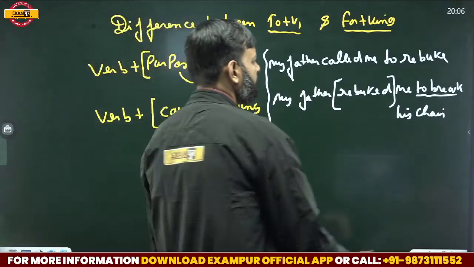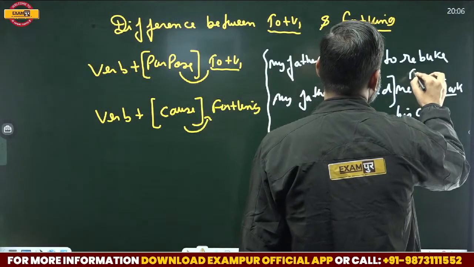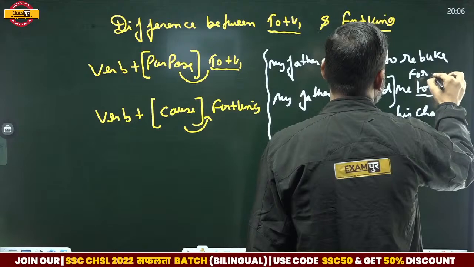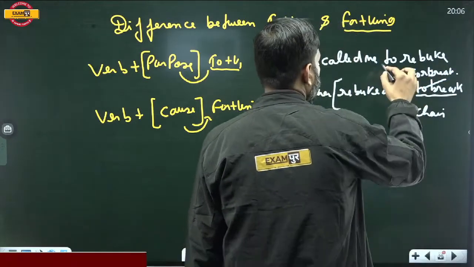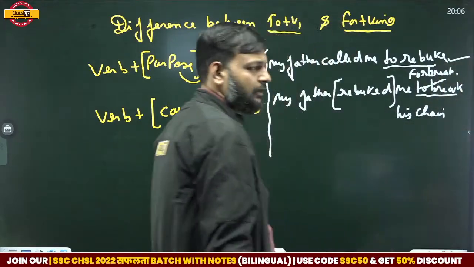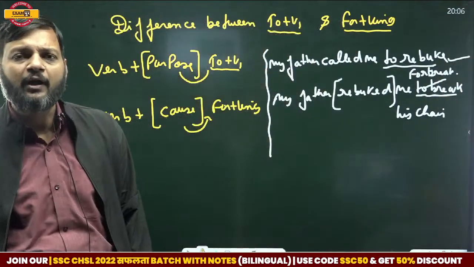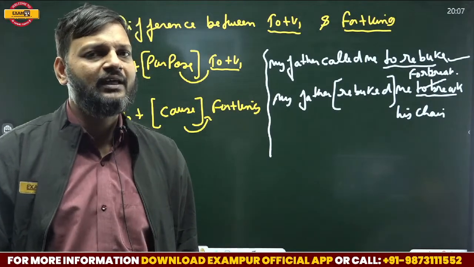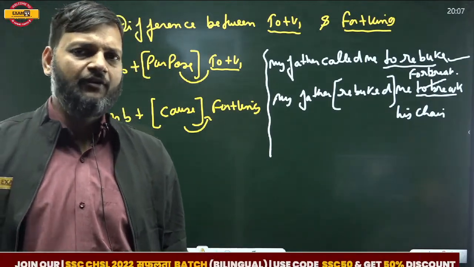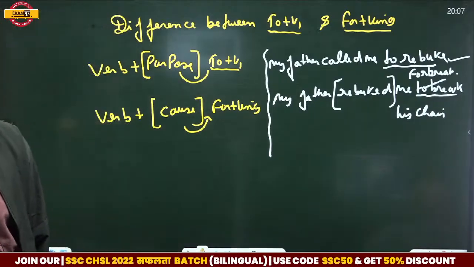So in this sentence, to break will be replaced by for breaking. But here to plus V1 is absolutely correct. So if there is any purpose after verb, we should use to plus V1, and if there is any cause after verb, we should use for plus ing. Okay.